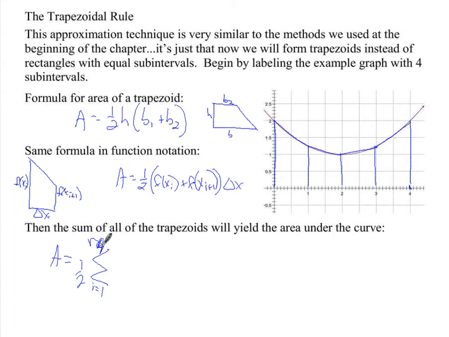And then the f of x sub i plus f of x sub i plus 1 delta x. And what you're finding is the integral from 0 to 4 of the function.